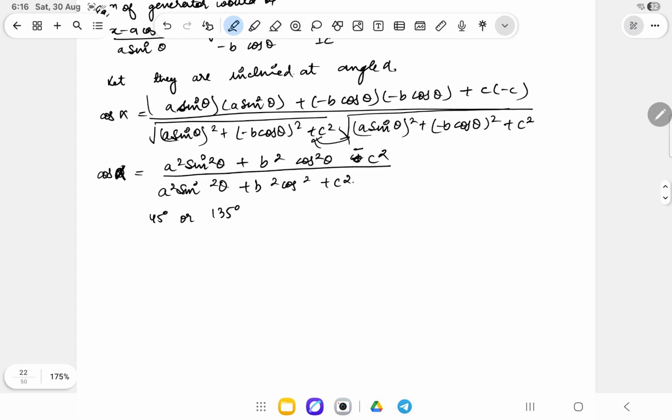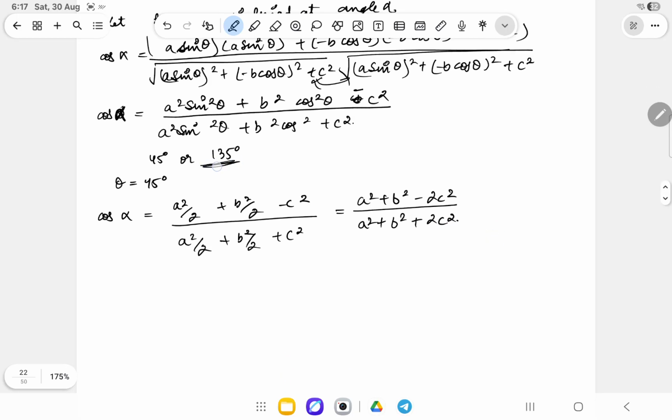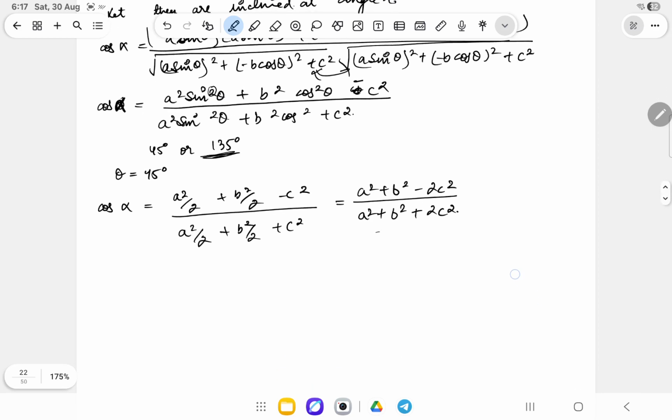So if I take my theta as 45 degree, my cos alpha will be basically a square by 2 plus b square by 2 minus c square divided by a square by 2 plus b square by 2 plus c square, which is basically a square plus b square minus 2c square divided by a square plus b square plus 2c square. Likewise, even if I take the other angle, then also I'll be getting the same term, because there is a sine square theta, so there won't be any change in this.